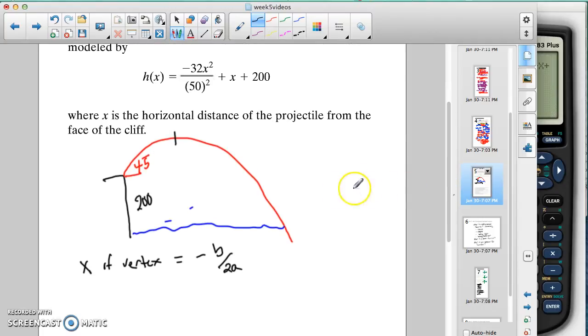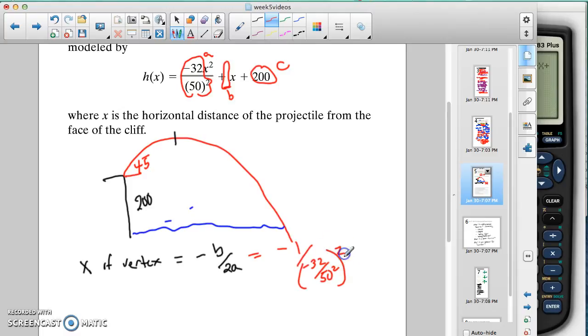So if we're looking at this, this value right here is b, and this value right here is a, and this value here is c. So the value in front here is b, so we're going to have, for this value, minus 1 for b over negative 32 over 50 squared, all squared.